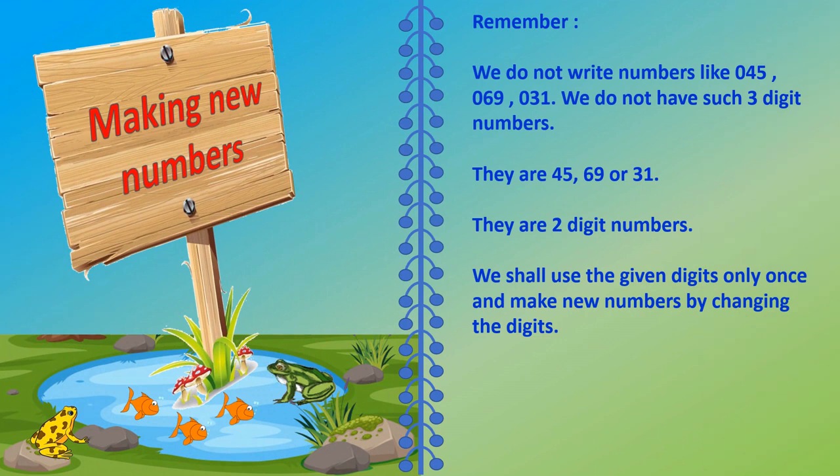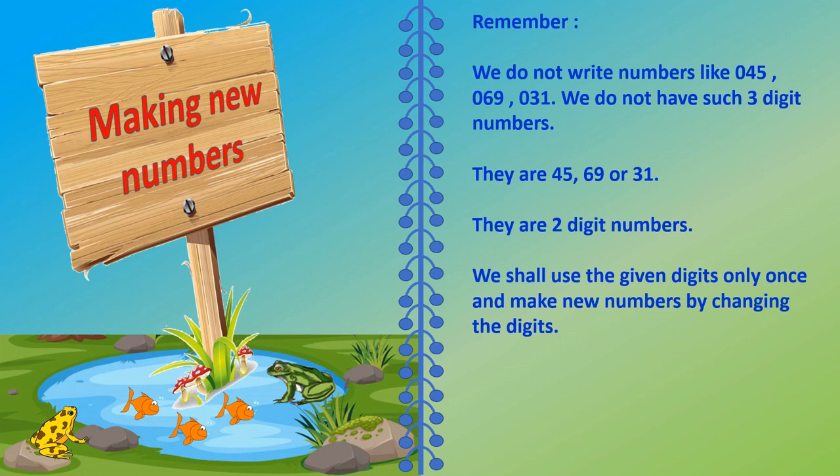Let's move on to a new topic, making new numbers. Remember, we do not write numbers like 45, 69, 31 using 0 at the beginning. We do it because they are not 3-digit numbers. They are just 2-digit numbers.